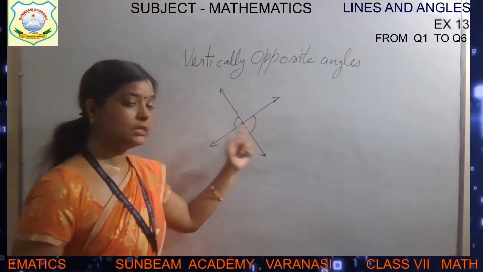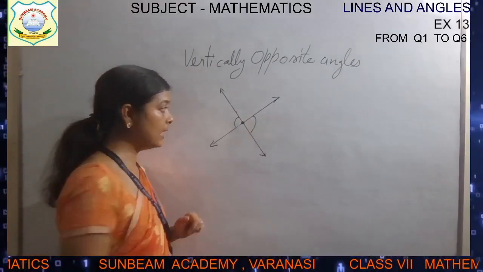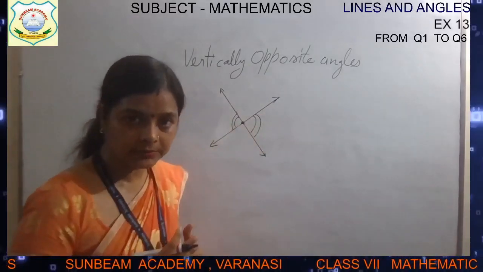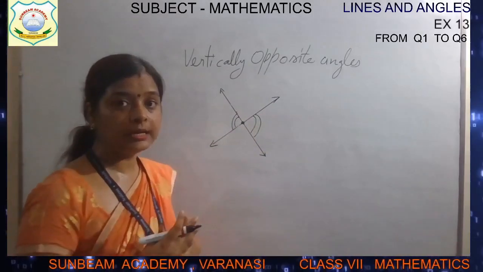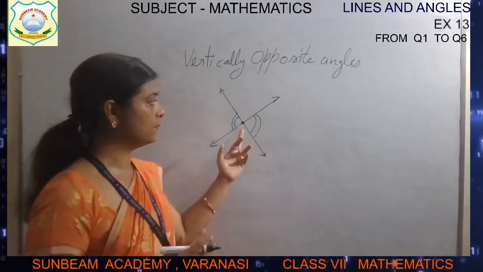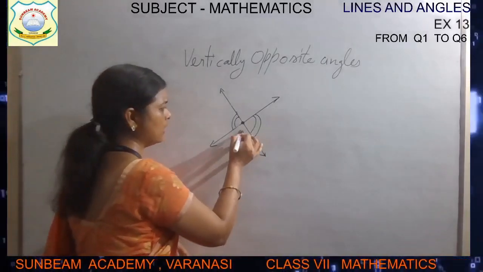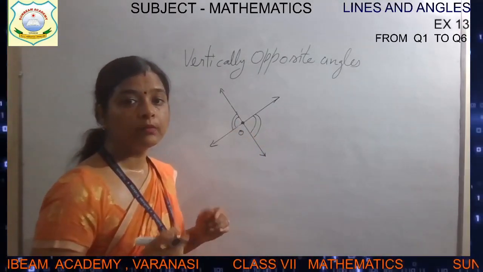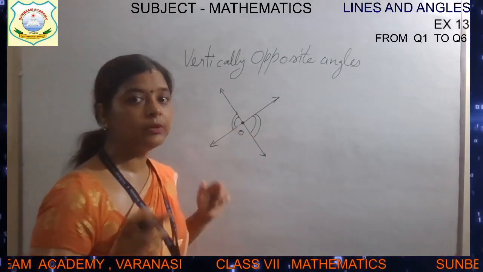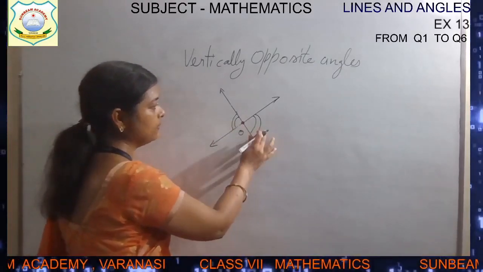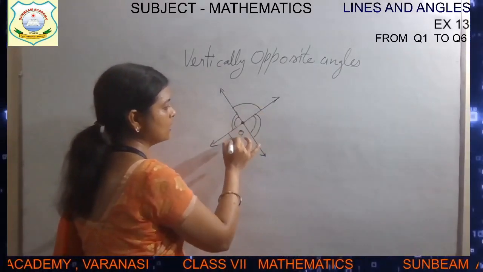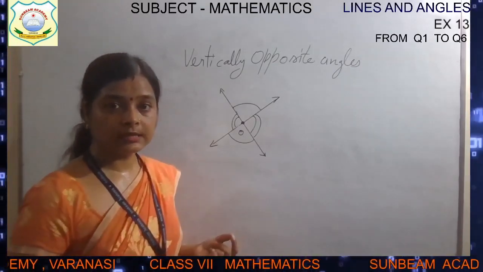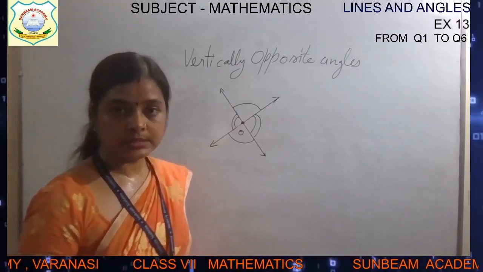So these two are opposite angles, and they will be equal if two lines intersect with each other at a point. Then the opposite angles will always be equal. This angle will be equal to this, and these two are also opposite angles, children, they will also be equal. So this is the concept of vertically opposite angles.